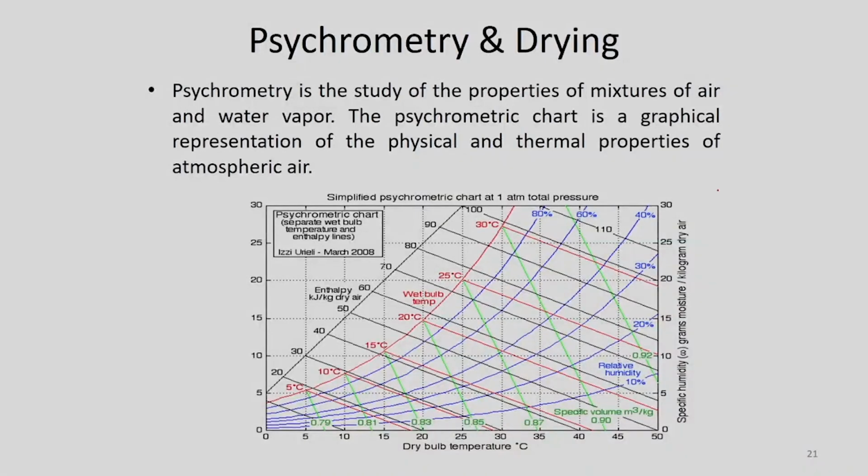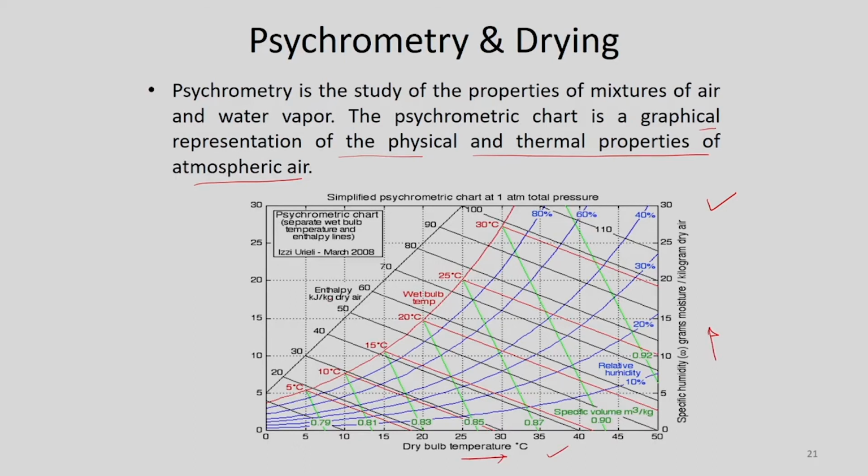Now, you can see this is a psychrometry and drying curve. Psychrometry is the study of the properties of a mixture of air and water vapor. The psychrometric chart is a graphical representation of the physical and thermal properties of atmospheric air. This axis shows the dry bulb temperature, this is the specific humidity, and we have enthalpy here.